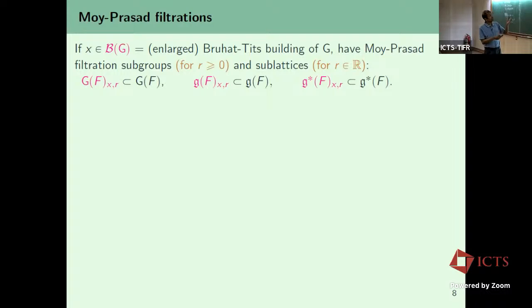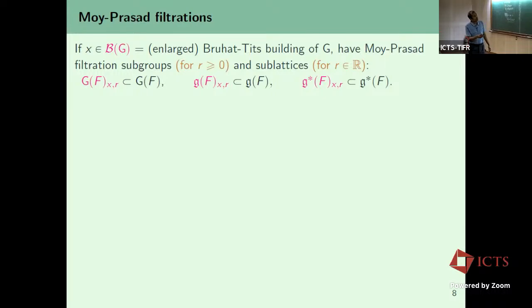Moy and Prasad define a further refinement of G(F)_{x,0} as a decreasing filtration, indexed by non-negative real numbers, of compact open subgroups of G(F). These are denoted by G(F)_{x,r}. For instance, if G is GL_n, x is the standard hyperspecial point and r is an integer, it will be the principal congruence subgroup.